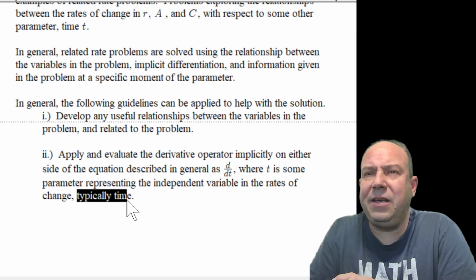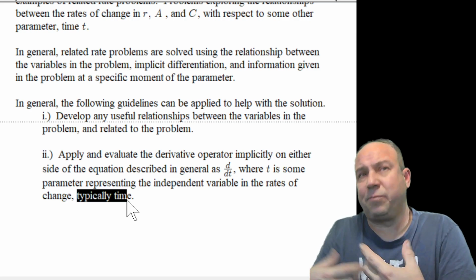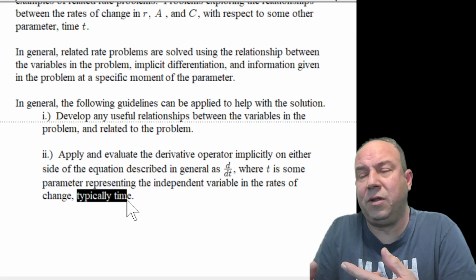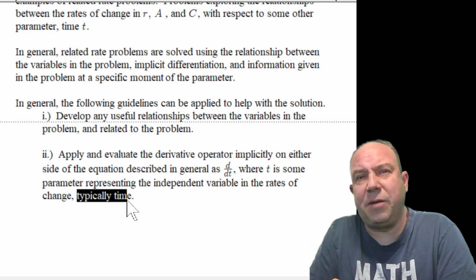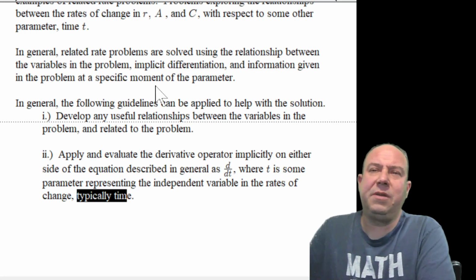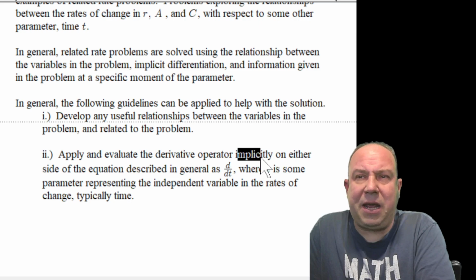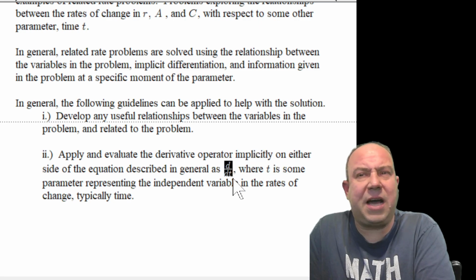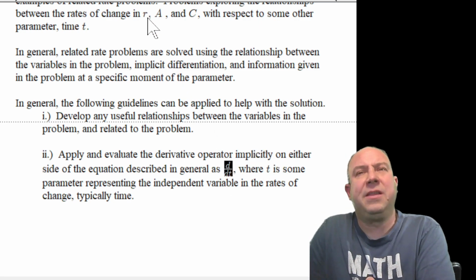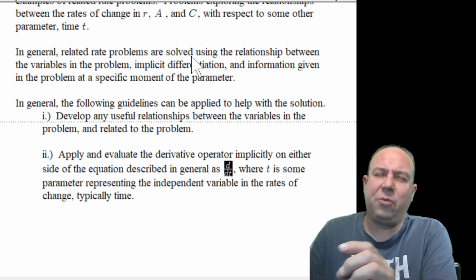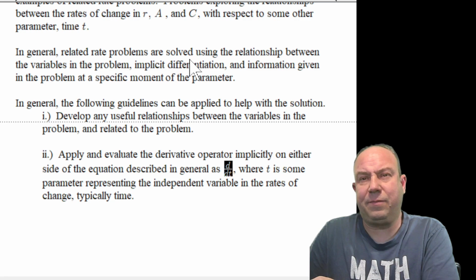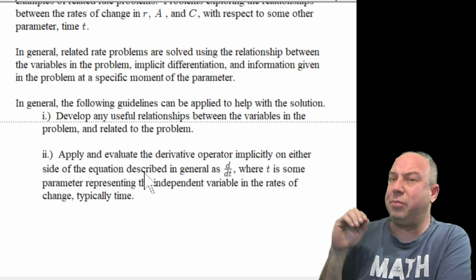It could be any sort of what we might say is parameter, some other variable that isn't necessarily in your initial relationship. But you would apply in an implicit manner this operator to both sides, and that's what we saw happen in the relationships that we had above for circumference and radius, and between area and radius. And we applied that operator in an implicit manner.